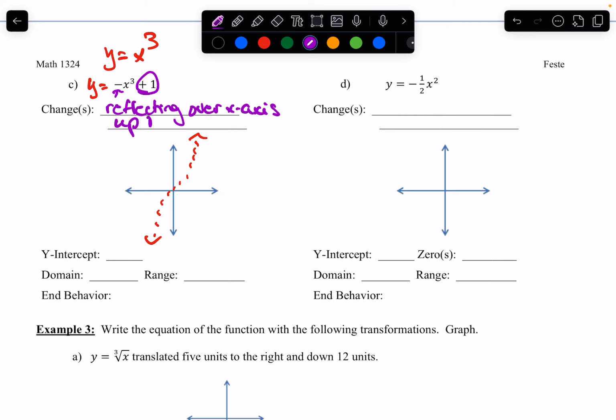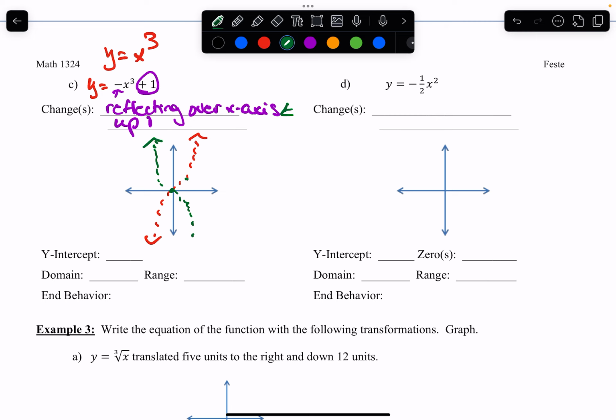So we're going to do this in 2 steps. Our first step is going to be reflecting it over the x-axis. So all we're doing is the 0, 0 stays, but we're bringing this point down here. So it's going to look like this.